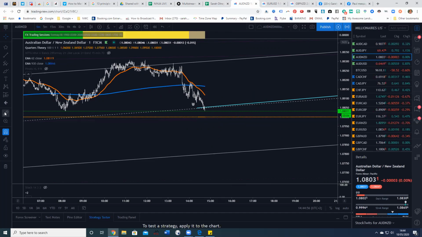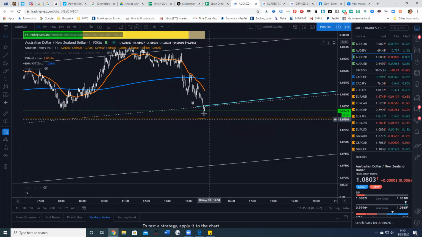So it's breaking through, it's carrying on for the sell. And you've only got 5 pips between your pitchfork and your quarter theory. So for me, I would never get into the trade at this point. Same thing as when we started off looking at Euro JPY. What I'd like to see, that's only 5 pips, but something like that.